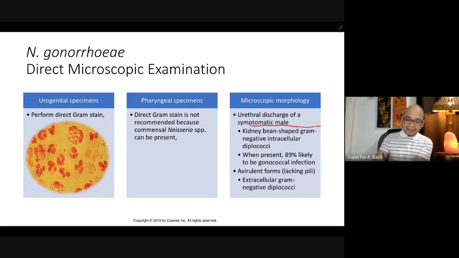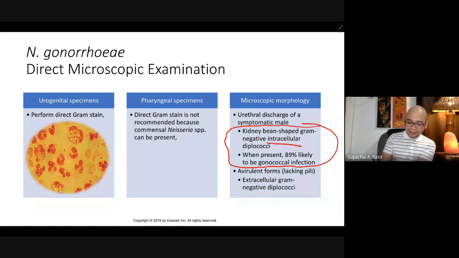We can see kidney bean-shaped gram-negative intracellular diplococci. When you say intracellular, it is found inside the WBC. With the kidney bean shape, 89% would most likely be gonococcal infection.